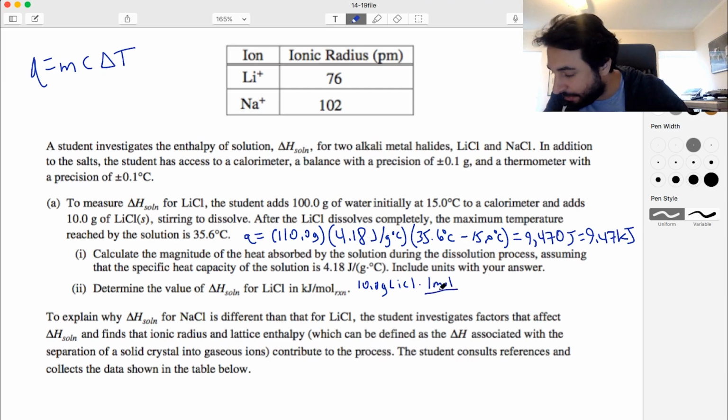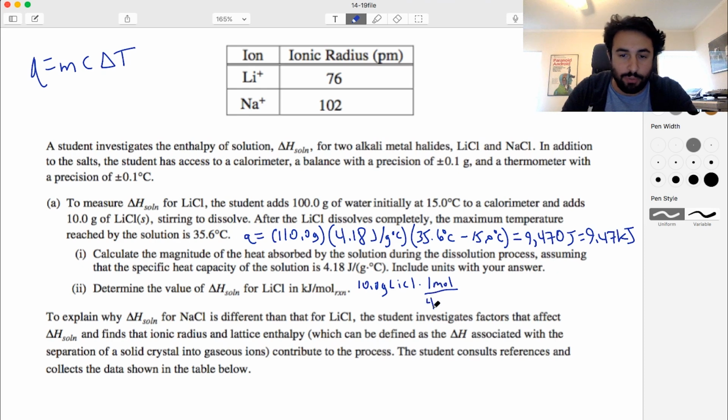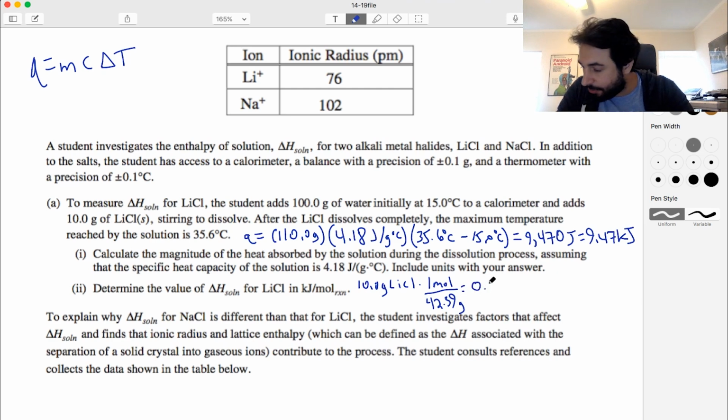We know that the molar mass is 42.39 grams per mole. So moles on top, grams on the bottom, so that grams cancel. And that is 0.236 moles, right?